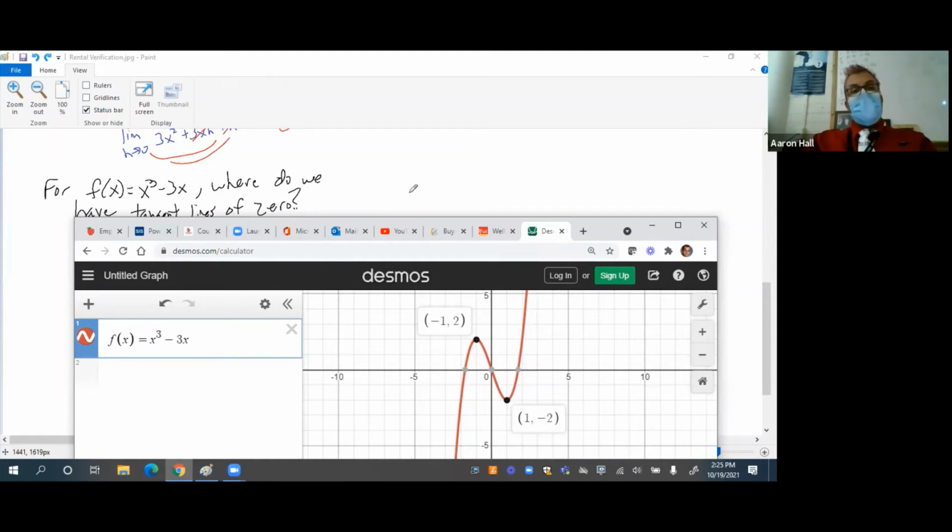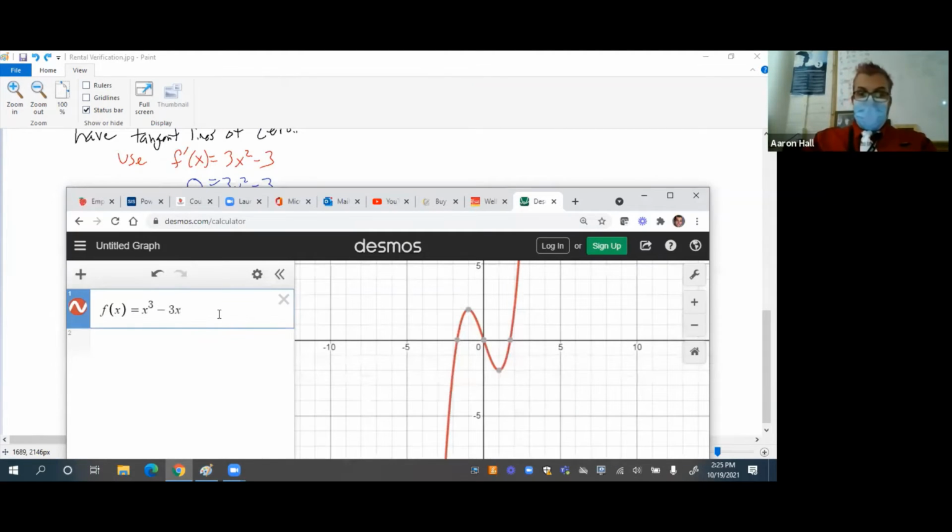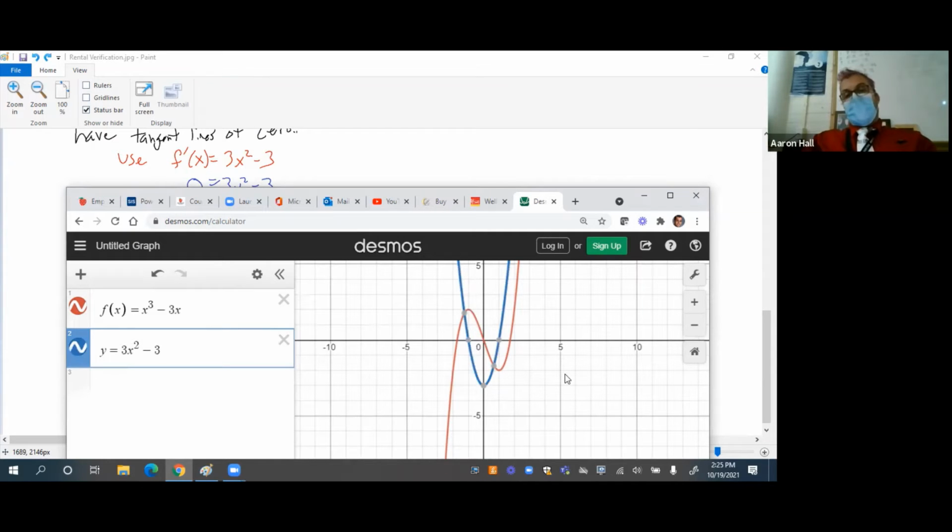What do you think it means if I graph my derivative? And I have y equals 3x squared minus 3. What do you think that blue means? What kind of relationship does this blue graph have to the red graph?